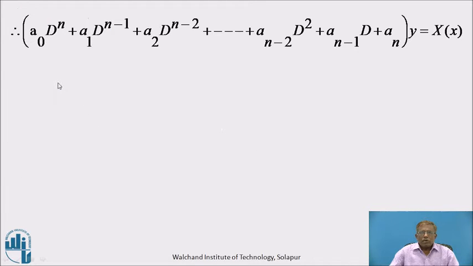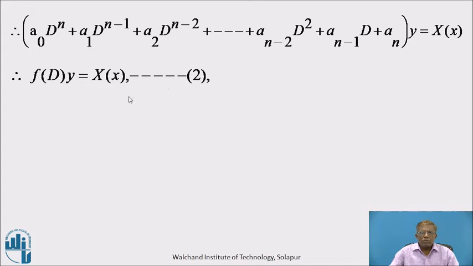In the left hand side, every term is operating on y, so y is taken outside. So in brackets, a0 D raised to n plus a1 D raised to n minus 1 plus a2 D raised to n minus 2 plus and so on plus a(n-2) D square plus a(n-1) D plus an, bracket close, into y, which is equal to X of x. Now the expression in the bracket is a function of D, and it is denoted by f of D. Therefore, f of D into y is equal to X of x, denoted by equation 2.